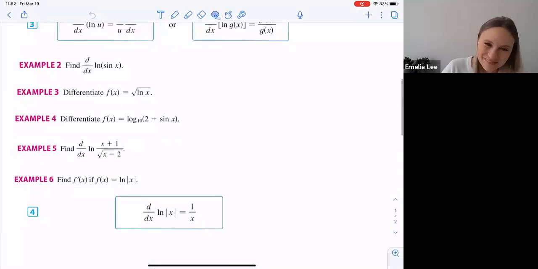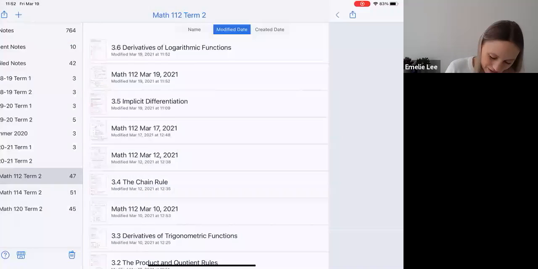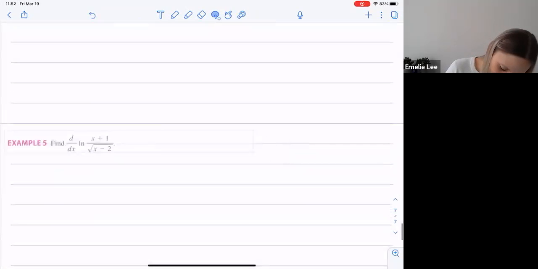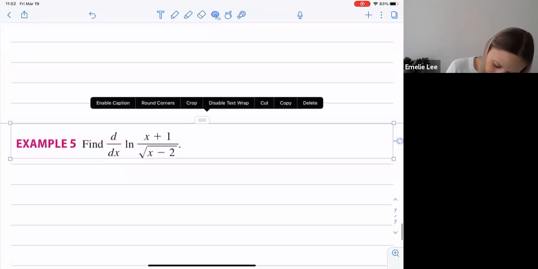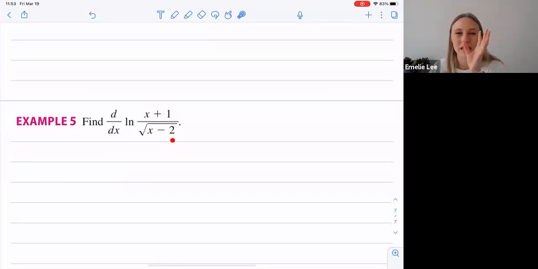So here we go. Example 5. If you study it, it's a little bit bigger. In fact, it's big enough it warrants its own fresh page here. Why is that? So I do have the ln, which is nice, right? Because I know the derivative of ln is just 1 over x. But in this case, x happens to be a quotient, so the derivative of the inside is going to be what's kind of messy.